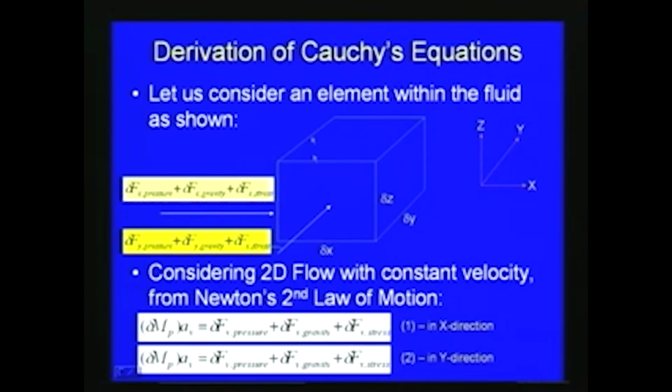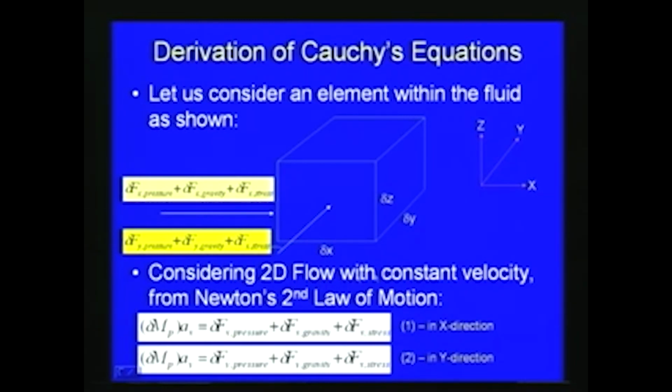If we consider this fluid element, delta Fx pressure, delta Fx gravity, the gravity force, and delta Fx stress. Stress can be normal stress or shear stresses. Now with respect to the x direction or y direction, we have to consider the pressure force, gravity force and the stress force.